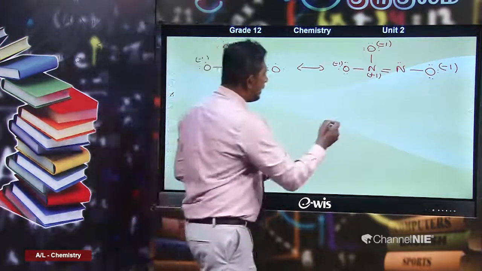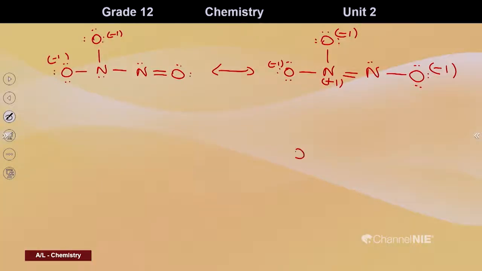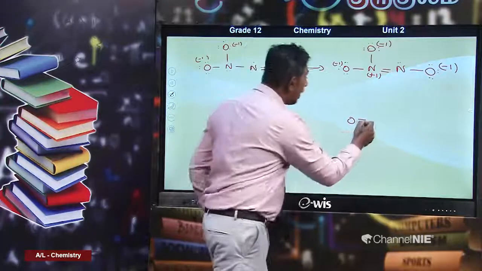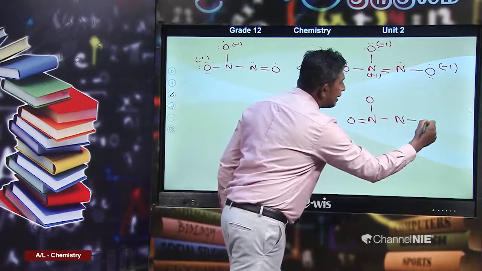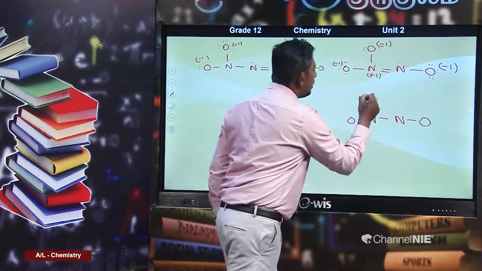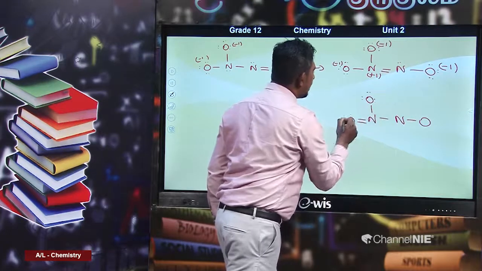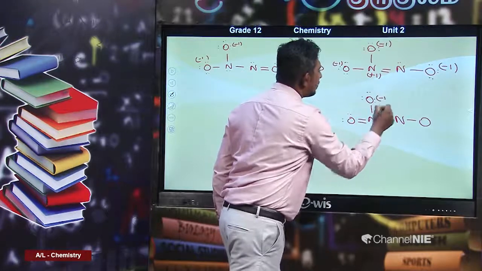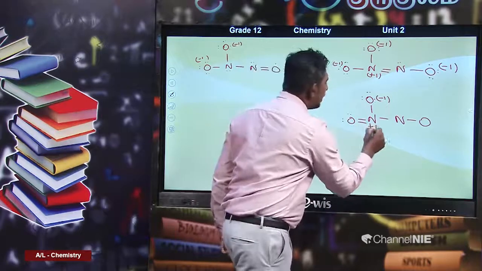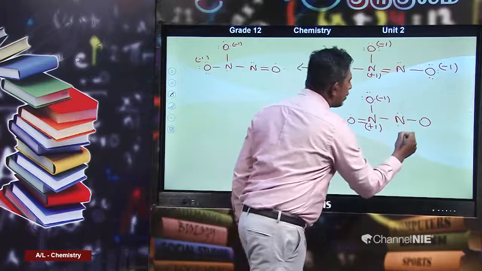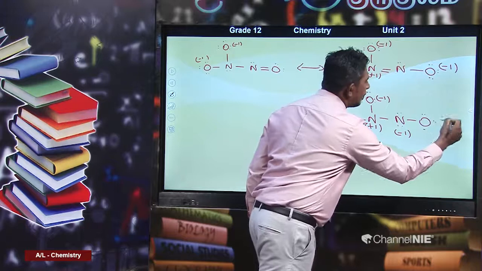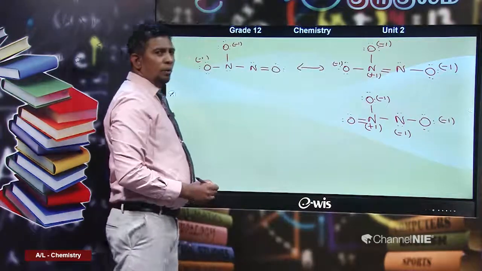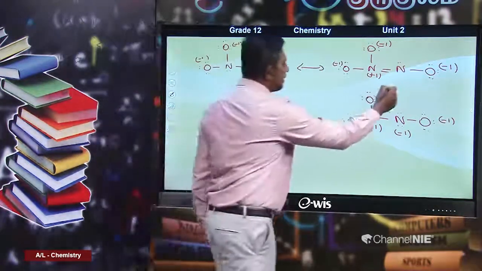You could give a dative bond using this lone pair. You could make it like this. Students, when you draw another possible structure, it would carry a -1 charge here, +1 charge here. It's possible for you to have -1 here and -1 here. So then it's another resonance structure.